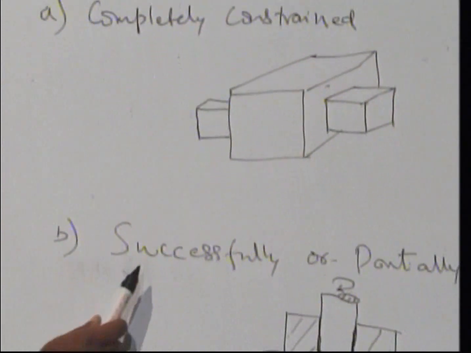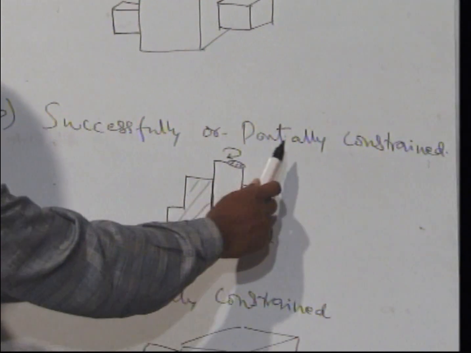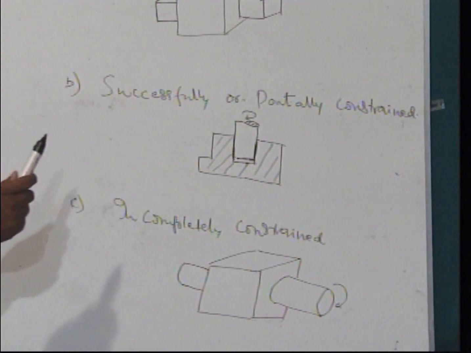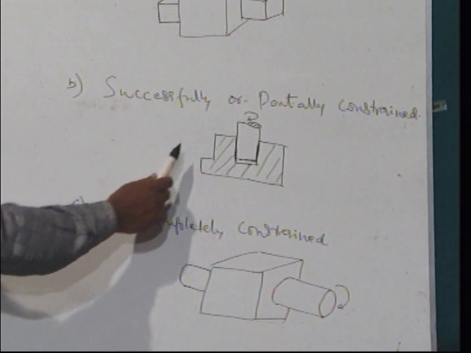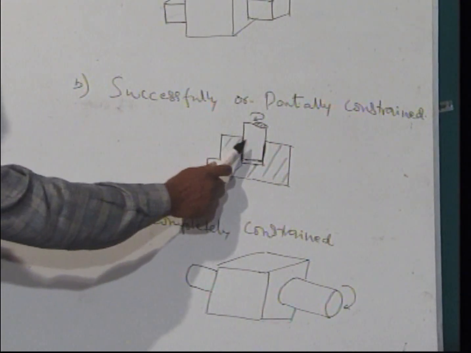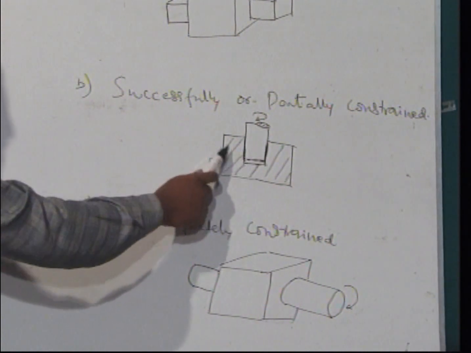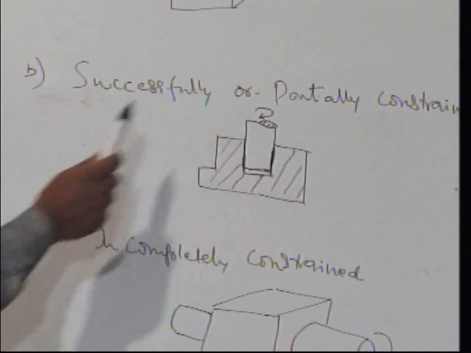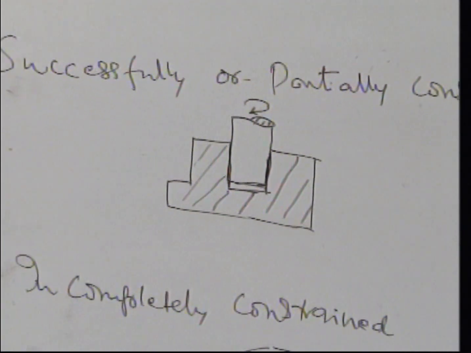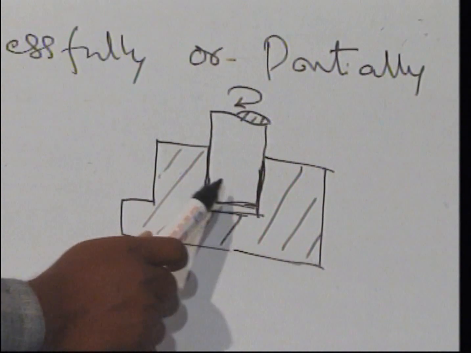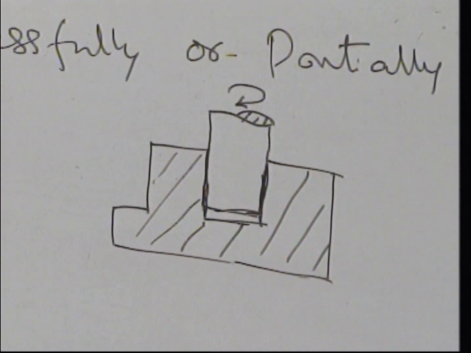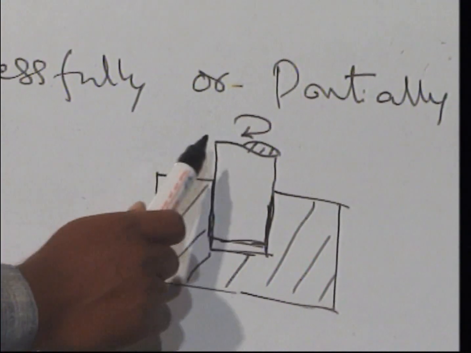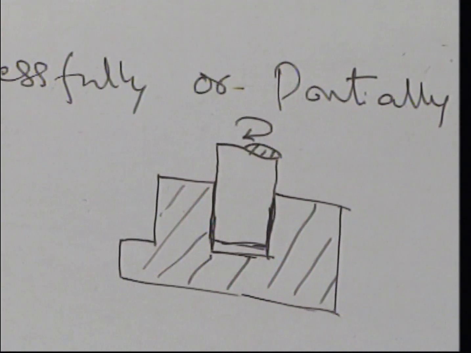The next is successfully or partially constrained motion. To quote an example here, this is a bearing, a footstep bearing. The shaft is rotating here, and a little bit of freedom is given to this element while it rotates, which is a sliding action here.